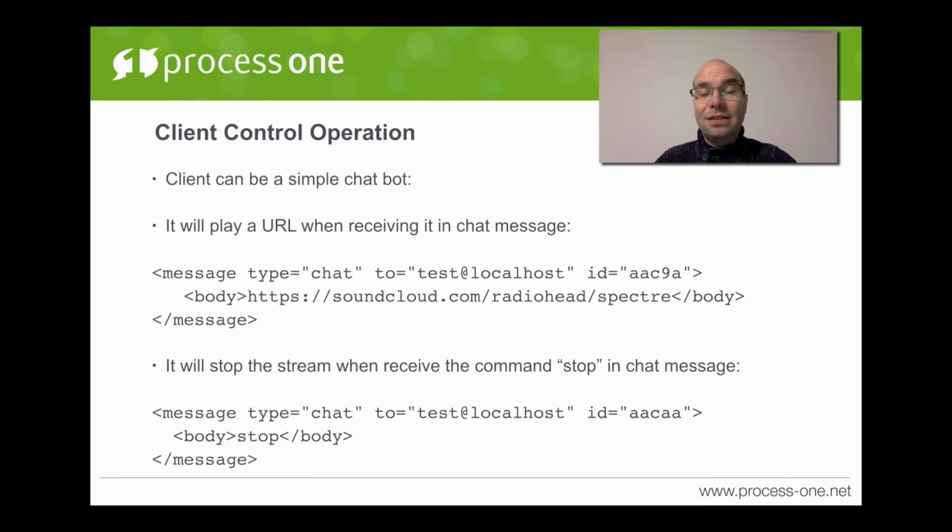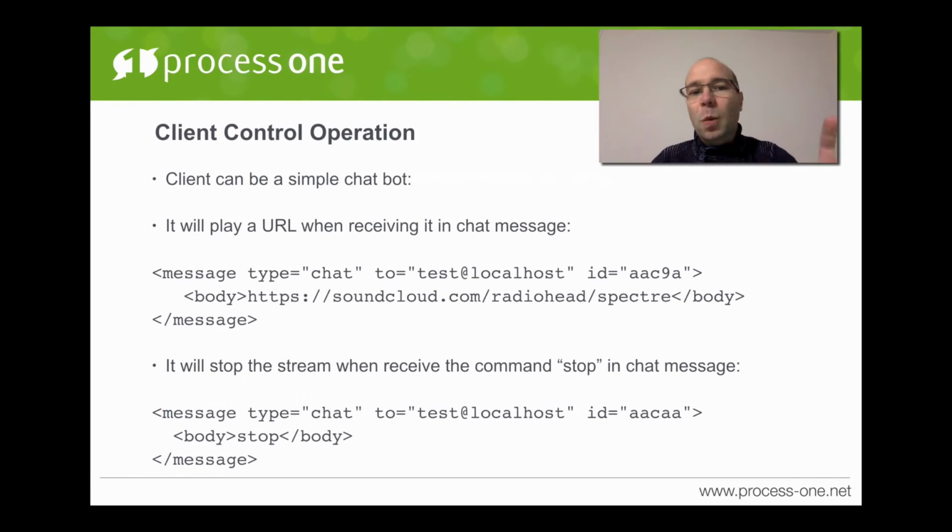To be able to do that, the software is a SoundCloud client. It has a SoundCloud client ID and is authorized to use the SoundCloud API. And to stop the stream, that's a chat client, you just send stop in the body of the message, and it will stop playing.